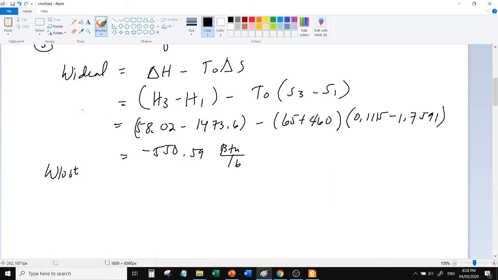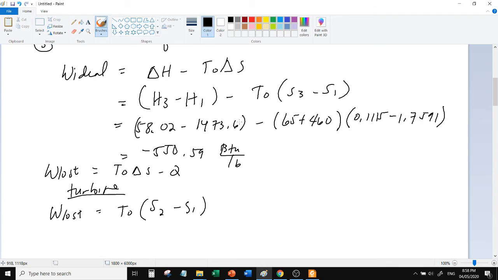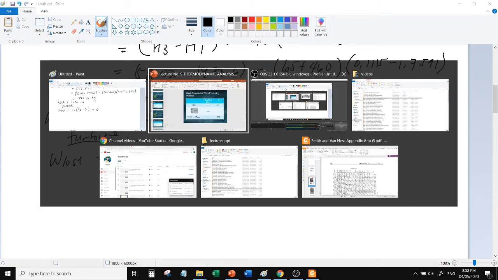So, first, yung work loss sa turbine. Solve natin. Sa turbine. Step by step kasi. Okay? Sa work loss sa turbine, ito yung equation ng work loss. Ang general equation, T naught delta S minus Q. So, sa turbine, since yung turbine natin ay from point 1 to point 2, so S2 minus S1, tas dito, Q. Pero, sinabi kasi na adiabatic yung turbine.